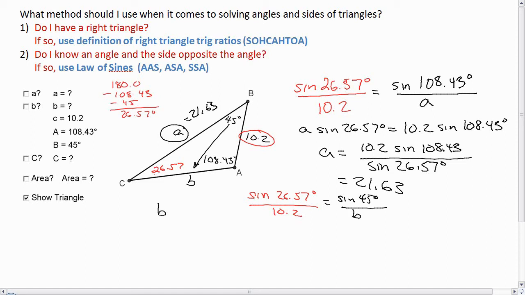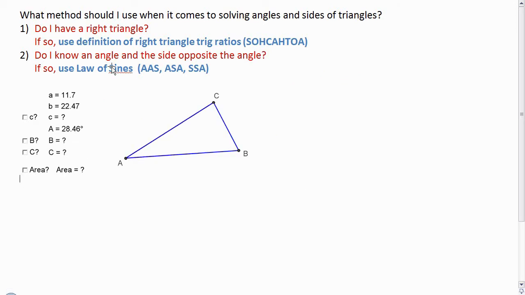This means that B is going to equal 10.2 times the sine of 45 degrees all over sine of 26.57 degrees. I come up with an answer of 16.124. So 16.12, and like I said, angle A is the largest, therefore has the largest side opposite of it. Angle B is the second largest, therefore it'd be the second longest, and angle C is the smallest, therefore it has the smallest side.